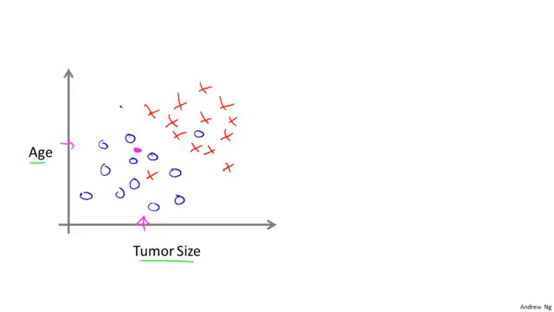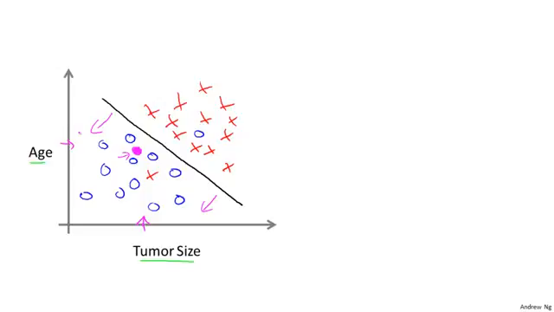And so the learning algorithm may decide to fit a straight line like that to separate out the two classes of tumors. And, with this, hopefully we can decide that your friend's tumor falls on this benign side and is therefore more likely to be benign than malignant.